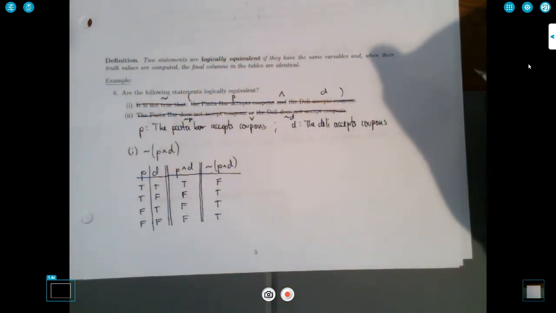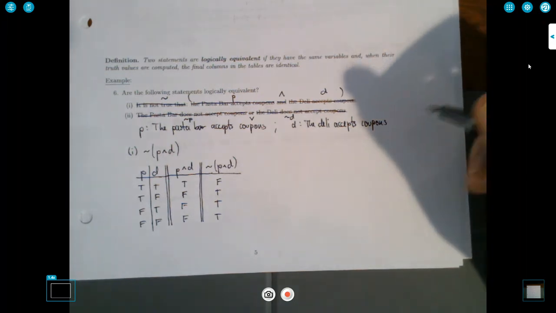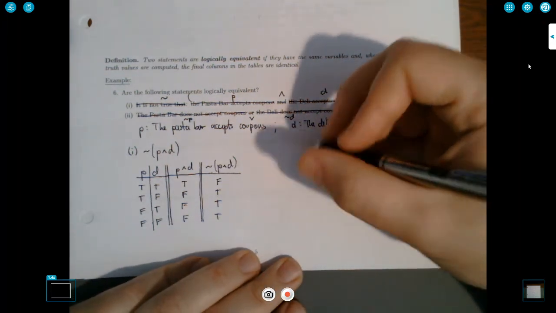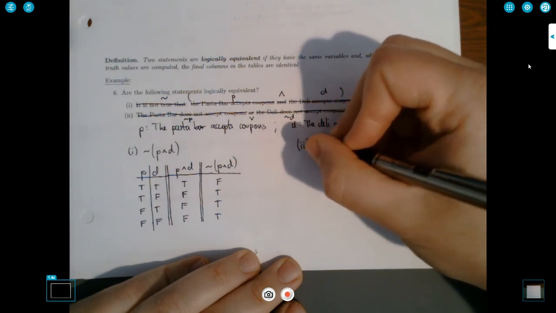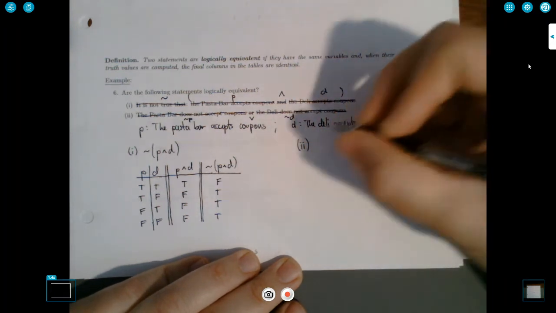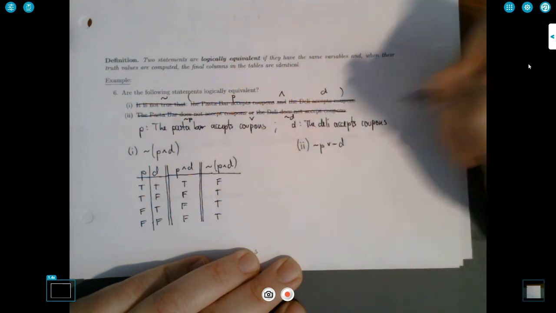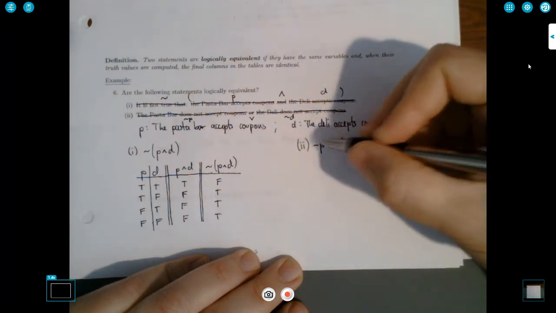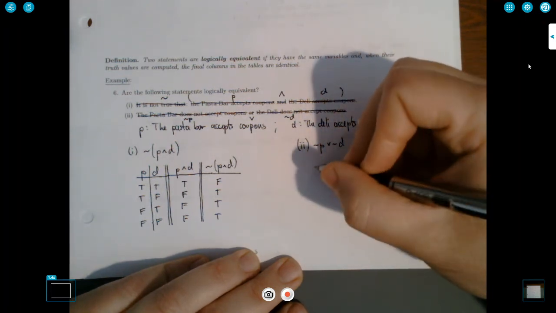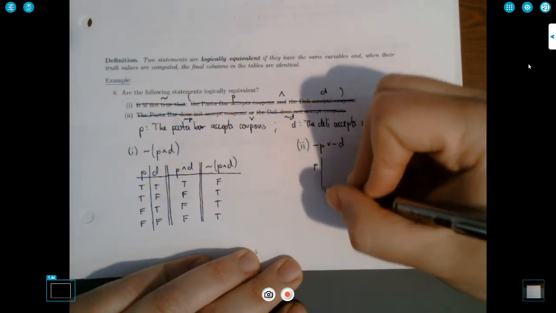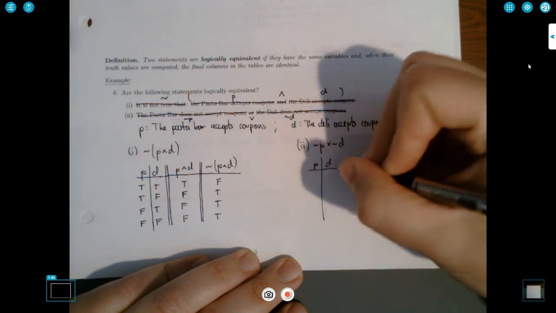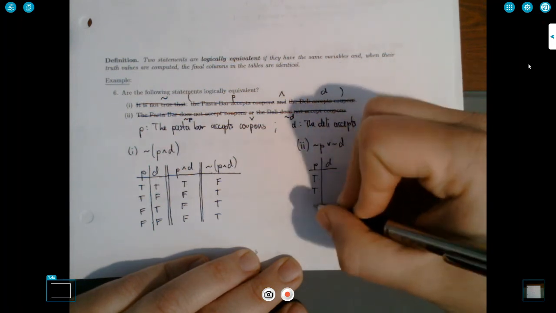All right. Now let's see about the second statement. Second statement is not P or not D. Okay, so again, two variables, P and D. And again, they're going to go the same way.